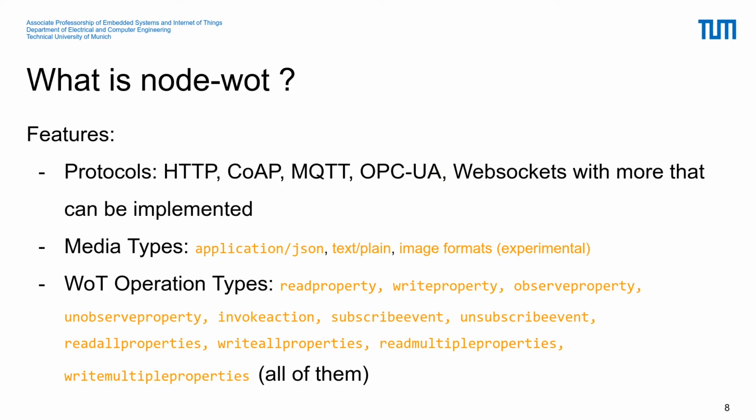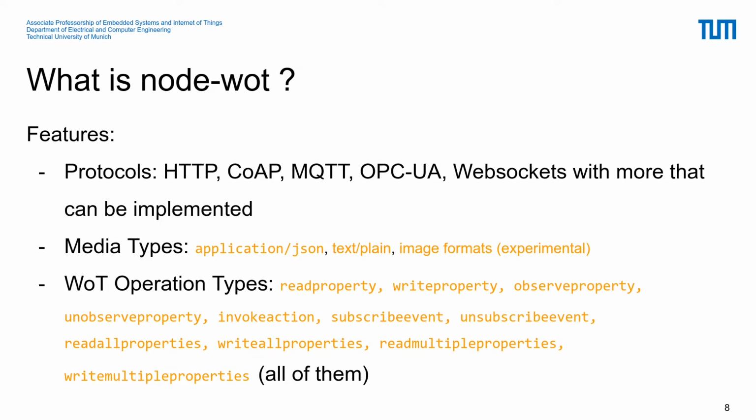So some feature list. Currently it has protocol support for HTTP, CoAP, MQTT, OPC UA, WebSockets, with more that can be implemented. And recently there was a pull request for Modbus over TCP. It has support for media types such as application/json, so JSON, and more, with image formats to come such as SVG, JPEG, and PNG.